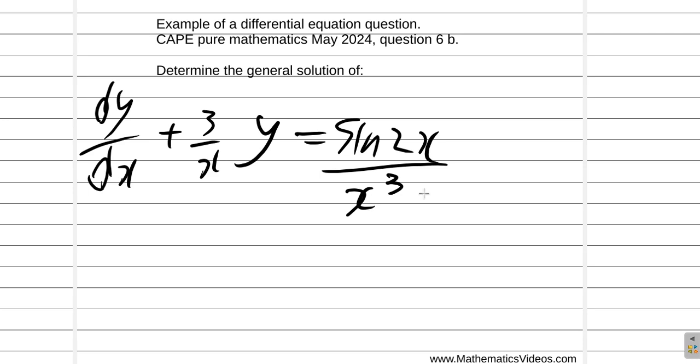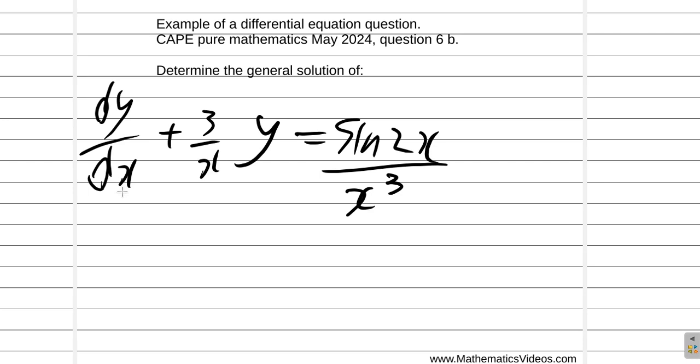Okay, you finished? Now, let us work it out. You have various ways of solving differential equations. This is a first order ordinary differential equation.